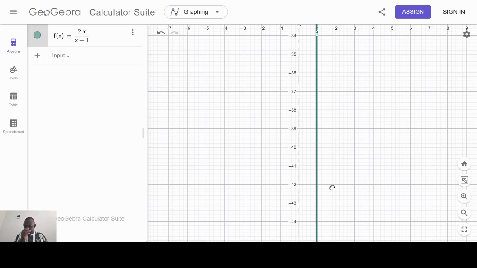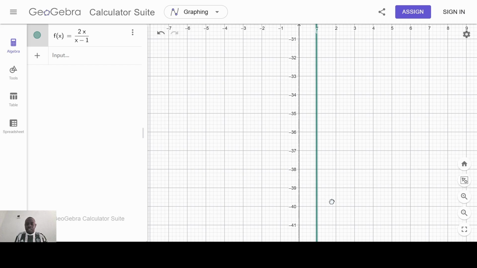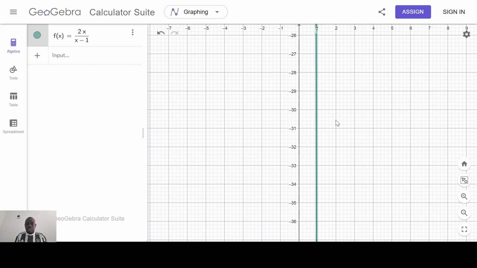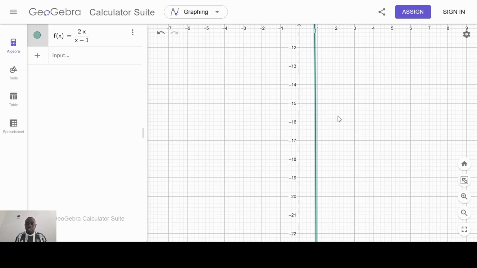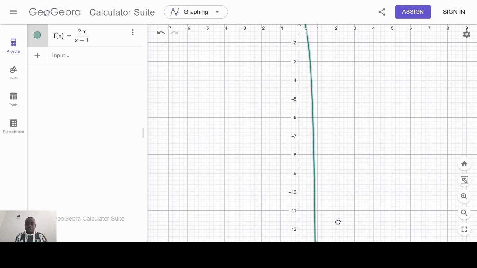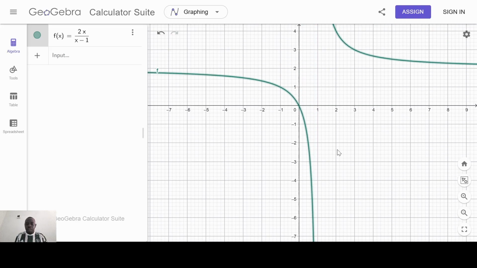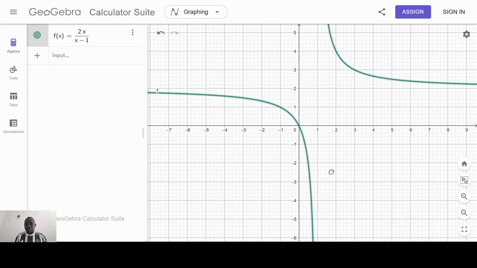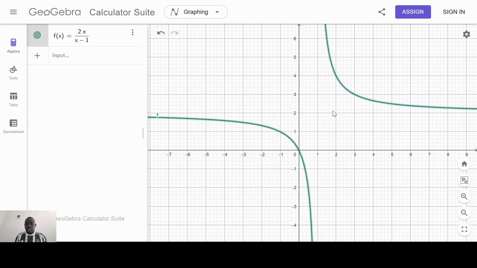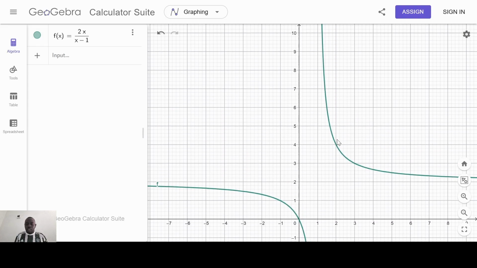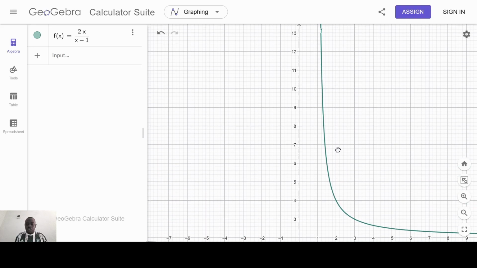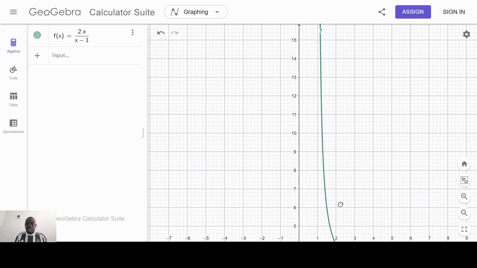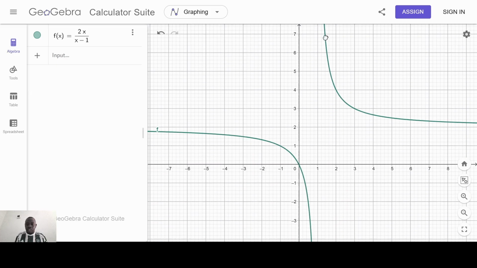When it cuts, then we don't have a function, because that point is division by 0. You even see on this other branch, when it comes close to x equal to 1, it's like the curve is repelled.